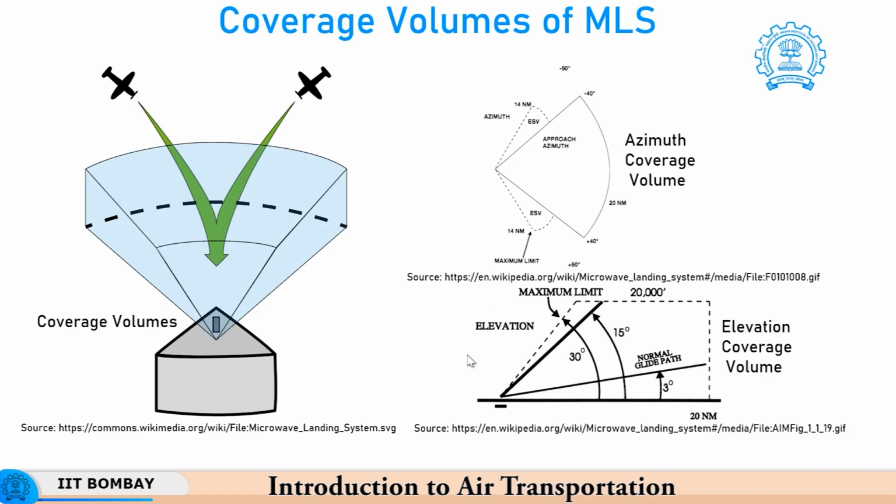And on the elevation side, whereas the ILS system gives you only around 3 degrees, the coverage in elevation in case of MLS is around 15 degrees, and it can also be stretched to around 30 degrees.